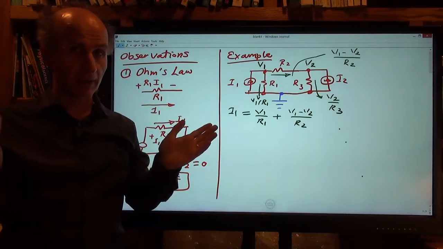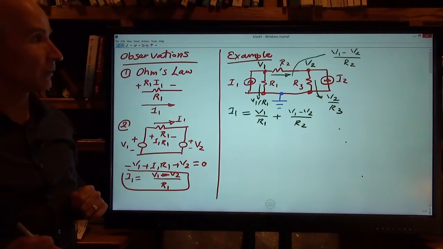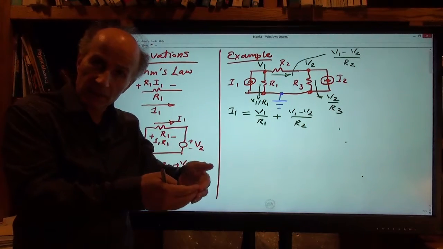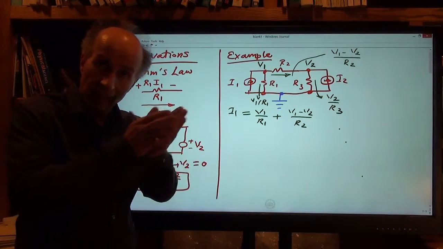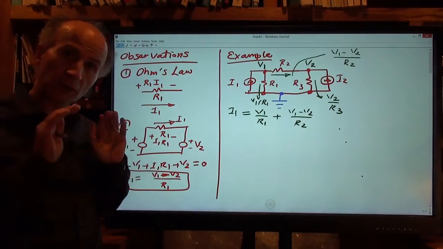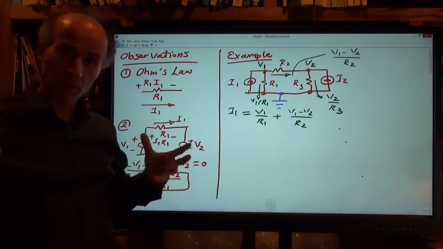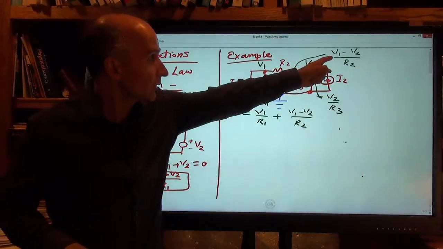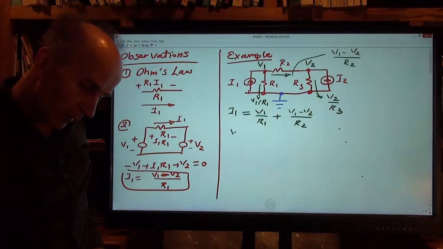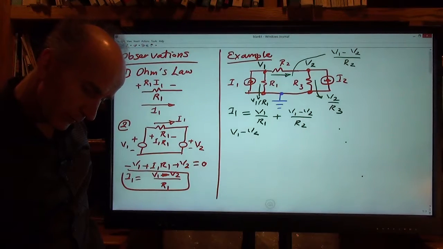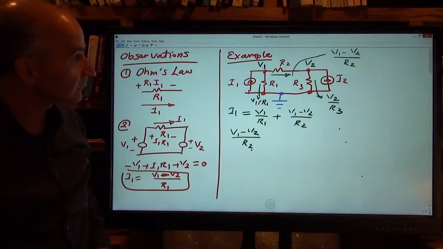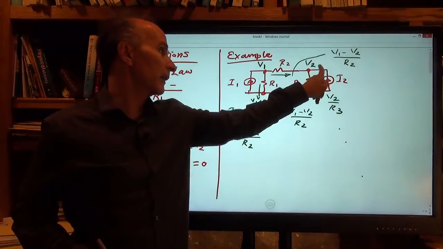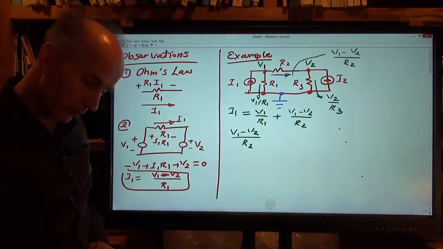Okay, so let's write a KCL. Again, I would like to add up the currents that are flowing into the node and equate the result to the sum of the currents that are coming out of the node. So which currents are going into the node? You just look at the water pipes that are flowing into the node, right? Well, this guy is going into the node, so that's V1 minus V2 over R2. I2 is going this way, flowing into the node. So that's plus I2.